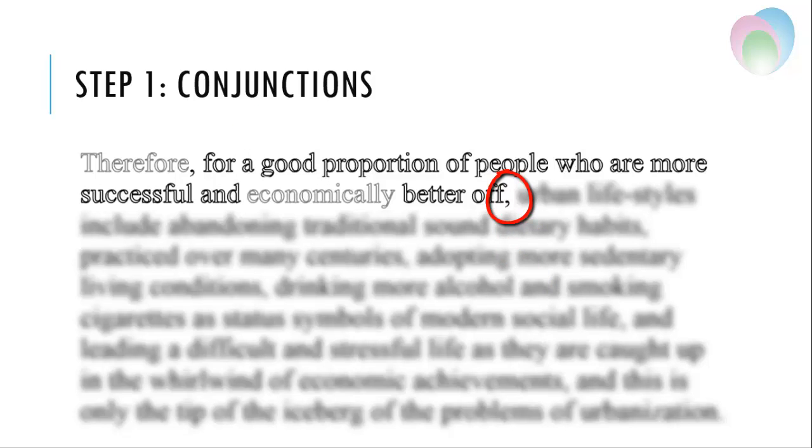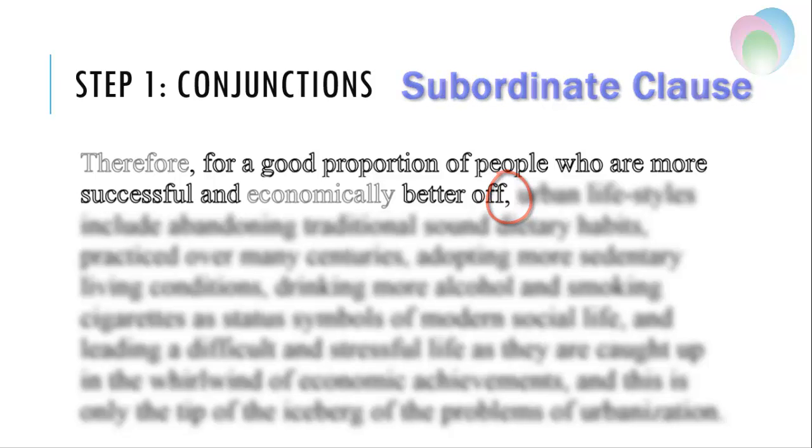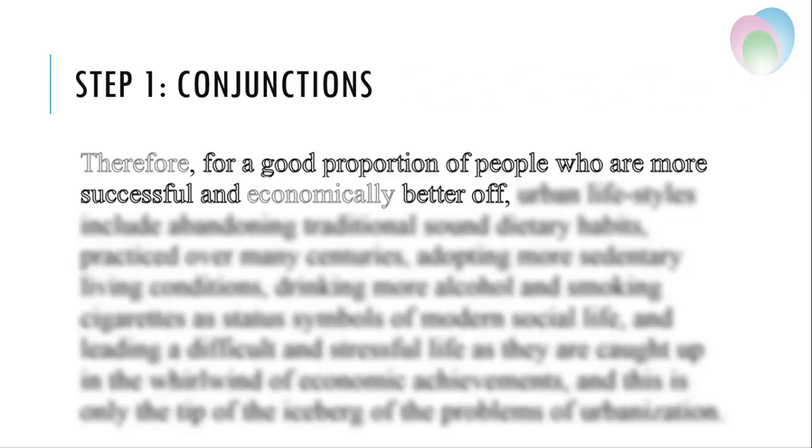When we see a comma that is separating the beginning of the sentence from the rest of the sentence, we understand this part is either providing extra information or is a subordinate clause. In any case, the meaning is not complete and it relies on the rest of the sentence for its meaning. Therefore, we are going to separate this part from the rest of the sentence.